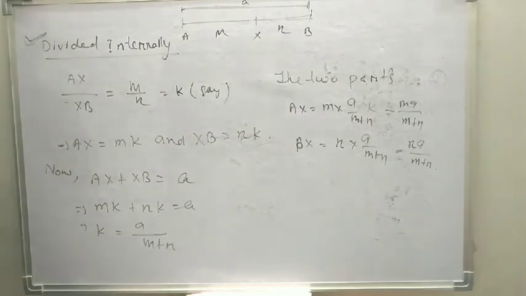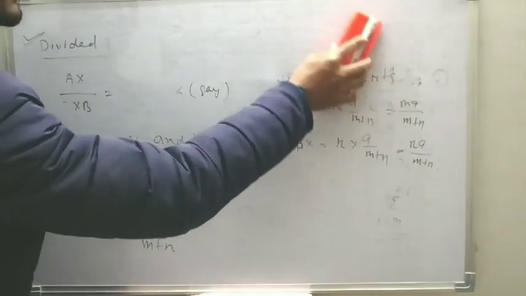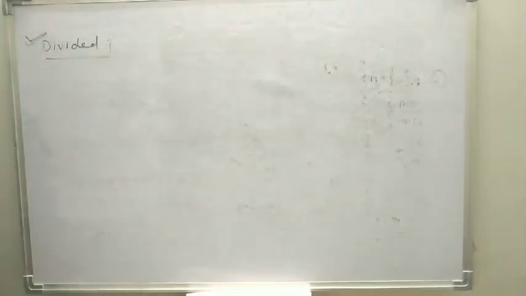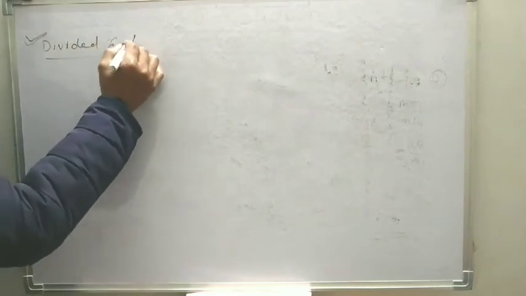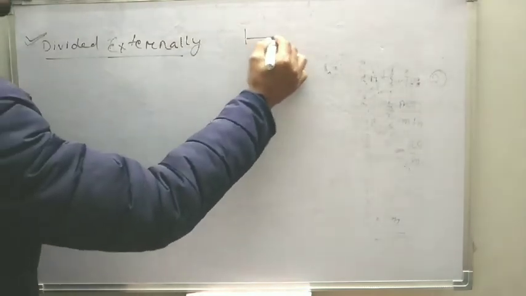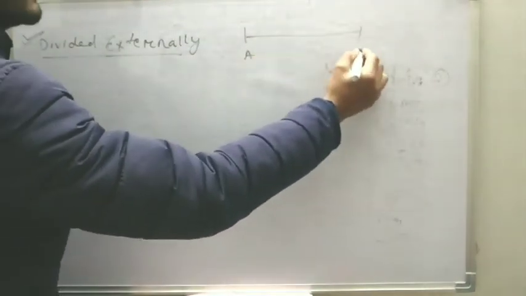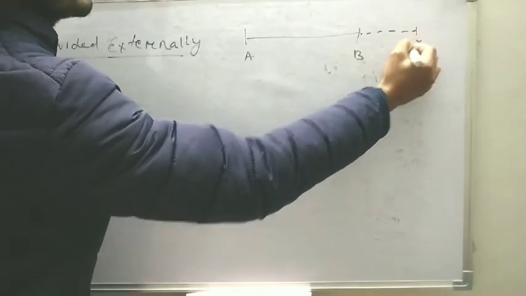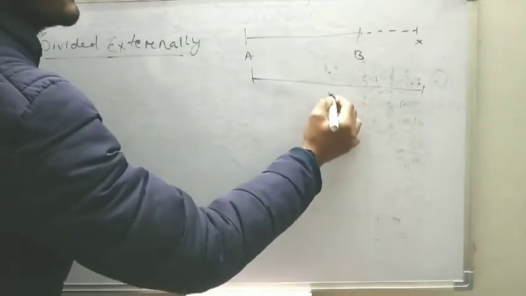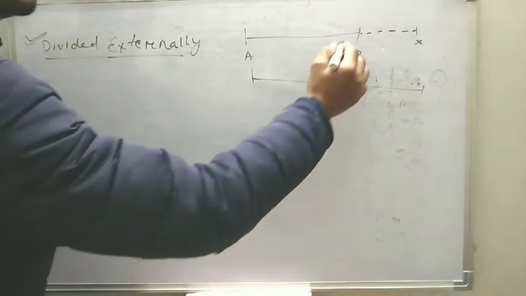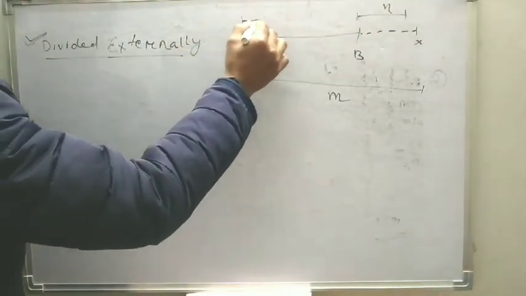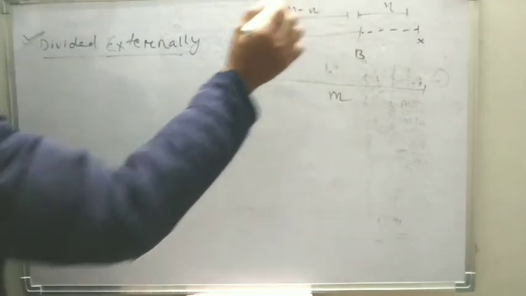So let us take one external division. Suppose this is a line segment AB. It is divided externally up to this point X, and from here to here it is m, and from here to here it is n. Then what will be the length of this AB? The length of this AB will be m minus n.